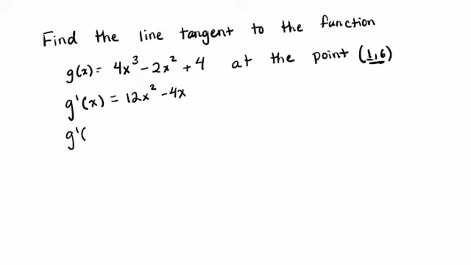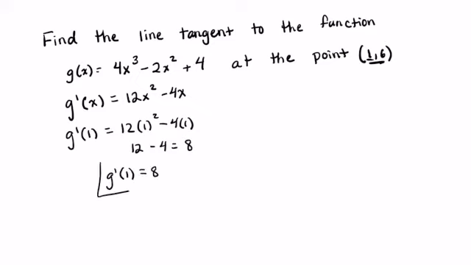So g prime of 1 gives me 12 times 1 squared minus 4 times 1. Well, that's obviously going to give us 12 minus 4 equals 8. So g prime of 1 equals 8. So again, that tells me that whatever this function looks like, at the point 1, the slope is 8.